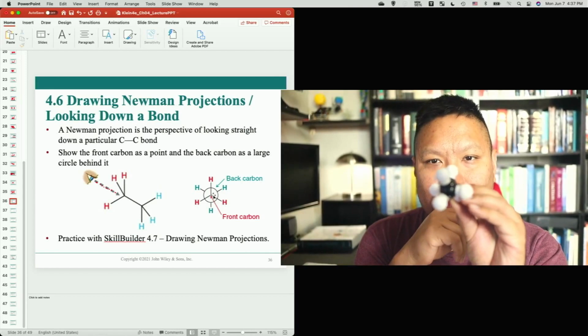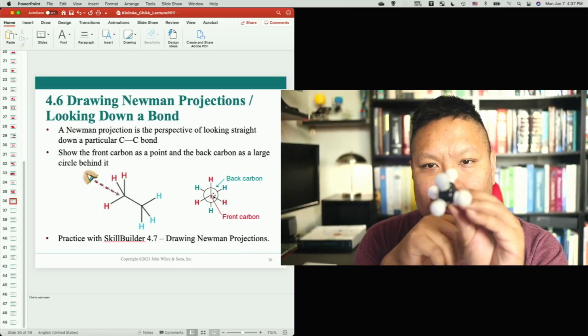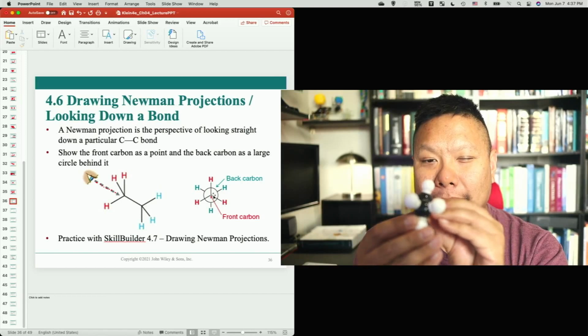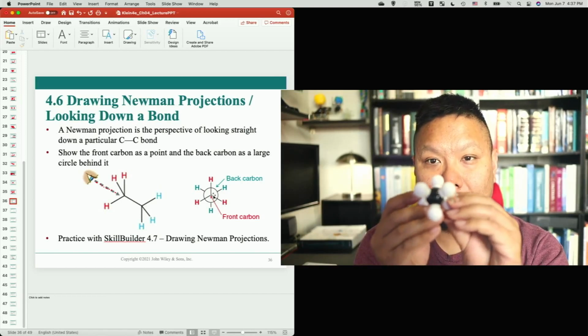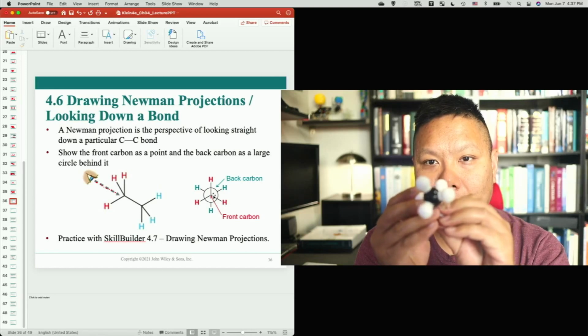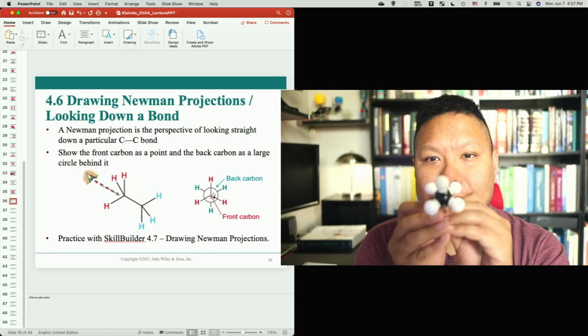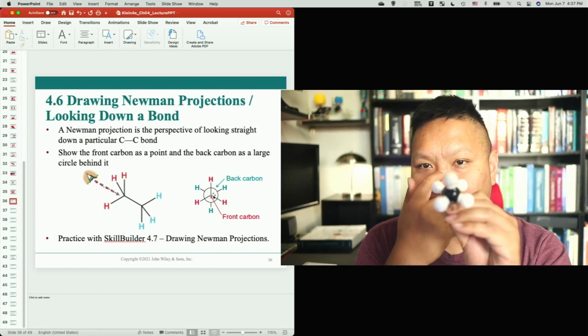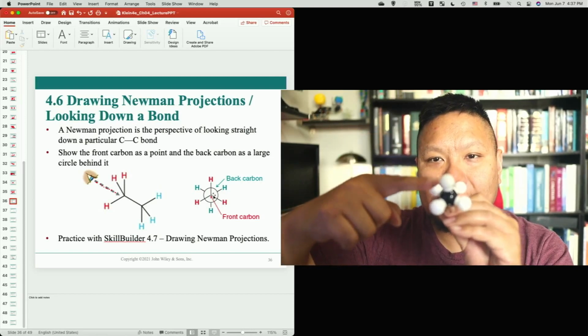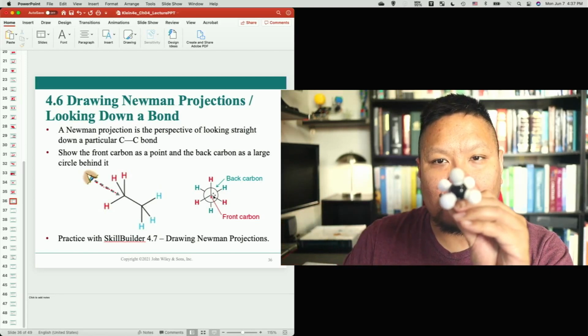And so when you're looking down that bond, you can see the hydrogens are this way. Sorry, it turned on me. But you have the front hydrogen at the top. So I'll turn it this way so you can see it better. There we go. So the hydrogen right here, the one you're looking at right now down that carbon bond, is this hydrogen right there.